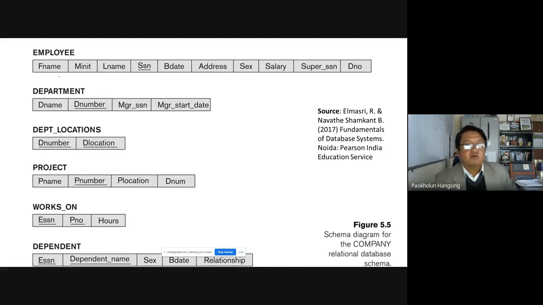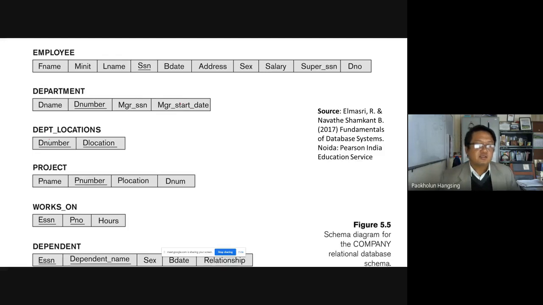For example, this is one relation, employee, where we record the first name, middle name or initial, last name, social security number, date of birth, address, and so on. Another relation is department. These department attributes include name, department number, manager's social security number, manager's start date.